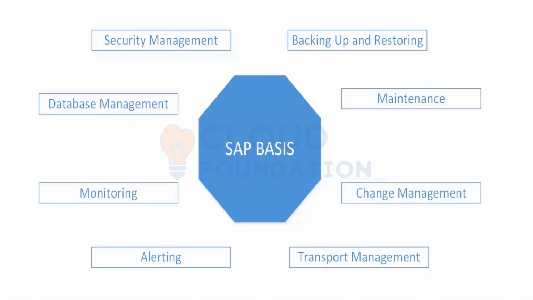For example, if you want to implement S/4HANA, then obviously you have to implement HANA. Or else, if you want to implement SAP PI or any other application like this, you can go with Oracle. This database installation does not come under the Basis part.